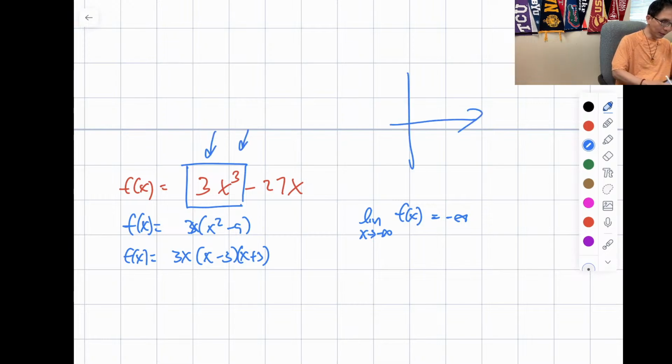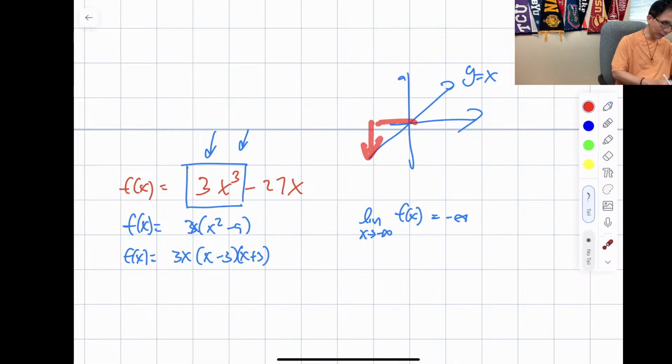Positive and odd means y equals x also has positive and odd, right? 1x is positive, odd degree 1. That means going to the left side of the graph, the function is going to go down. This means going to the left, because as x approaches negative infinity, the function goes down. Am I going too fast? And what happens if you have limits as x approaches positive infinity?